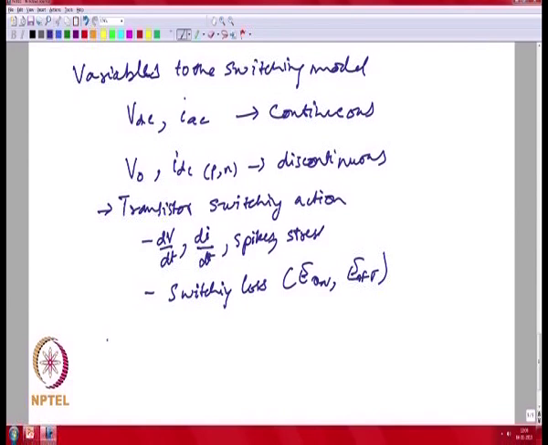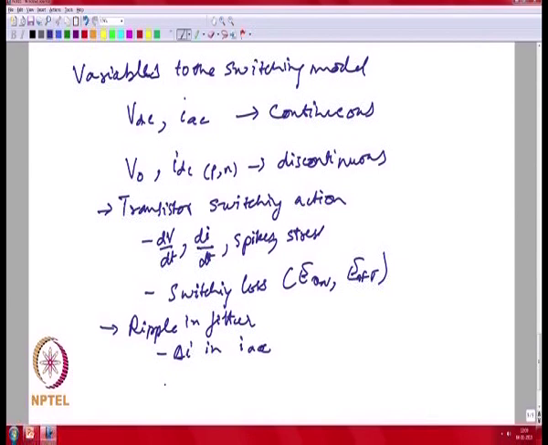You may also need to consider ripple effects, for example, ripple in the filter for filter design. So you might consider delta I in IAC. We consider IAC to be continuous, but it might have some underlying ripple because of the switching action of the inverter, and you want to decide how big an inductor you want to put in the circuit.